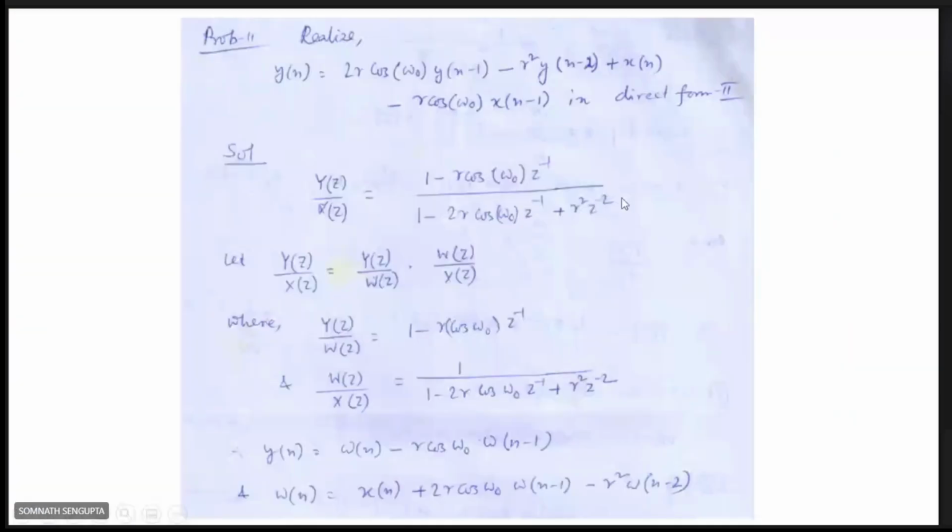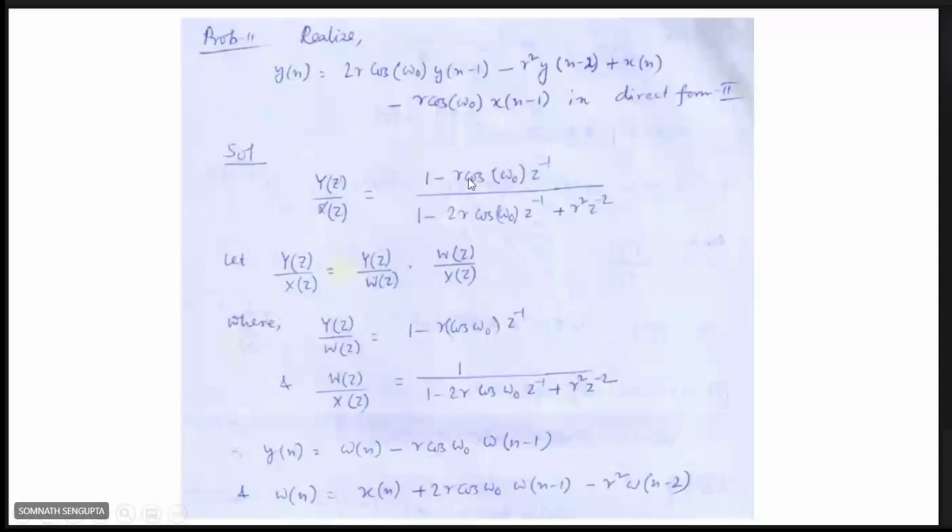For the coefficients, okay, you need not calculate all this detail if it is not asked. So directly you can draw the structure. So b0 is here, on the y side it is the b coefficients. So b0 is 1 and b1 is minus r cos omega 0.